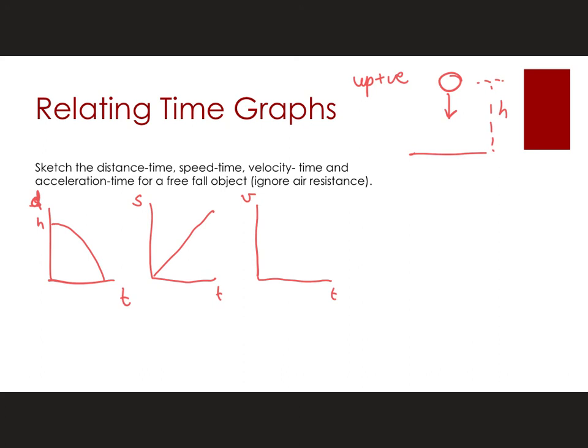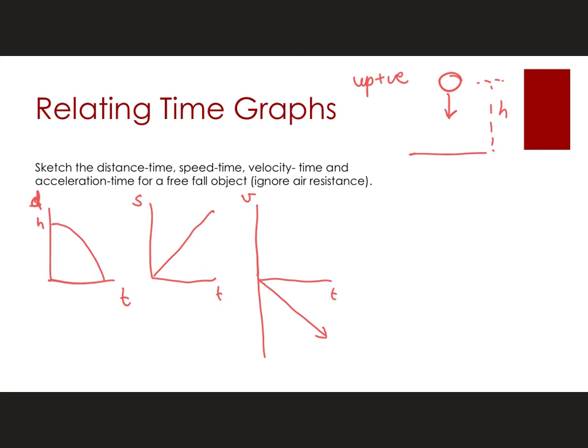Therefore, when it speeds up, yes, it gets a larger magnitude, but it's in a negative direction. So my velocity time graph should actually look like this. And if I took the gradient of that, it should be, that's right, 9.81 meters per second squared, because the gradient of a velocity time graph gives me acceleration.